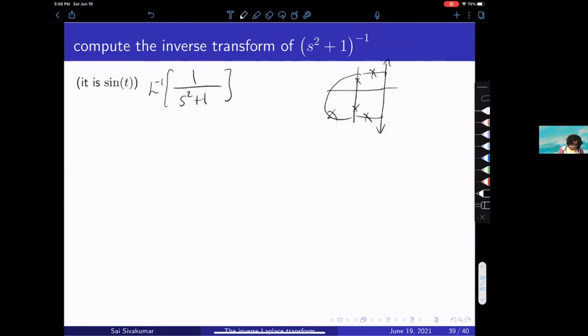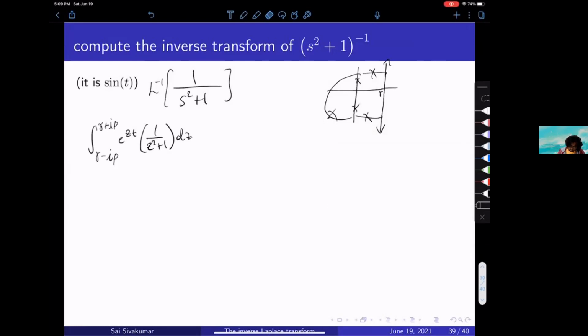So we want to compute the integral from gamma minus i beta to gamma plus i beta of e to the zt times 1 over z squared plus 1 dz. Now we've got to compute the two residues.